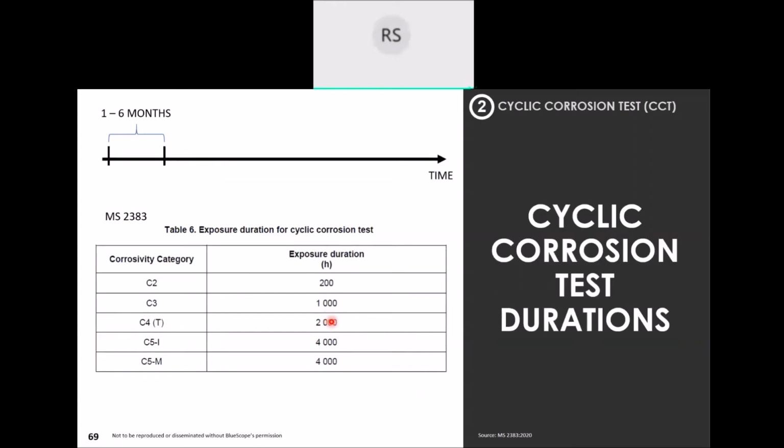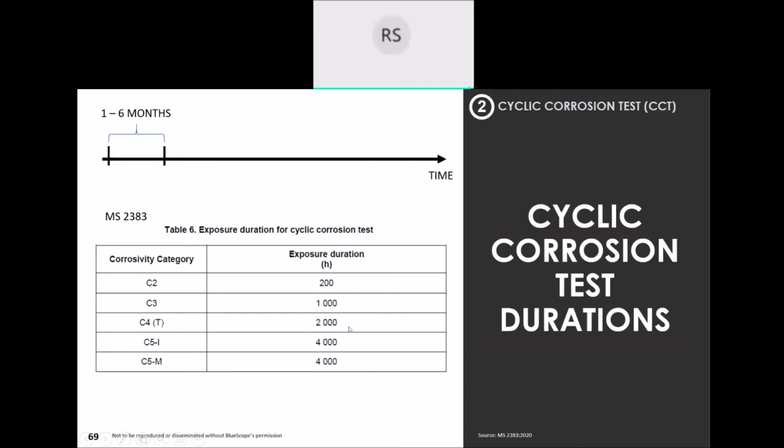So just now I mentioned C4 was 1,000 hours salt spray test, right? So now cyclic corrosion is C4 2,000 hours, right? So the so-called salt spray duration of this 2,000 hours is actually shorter compared to the salt spray test, right?